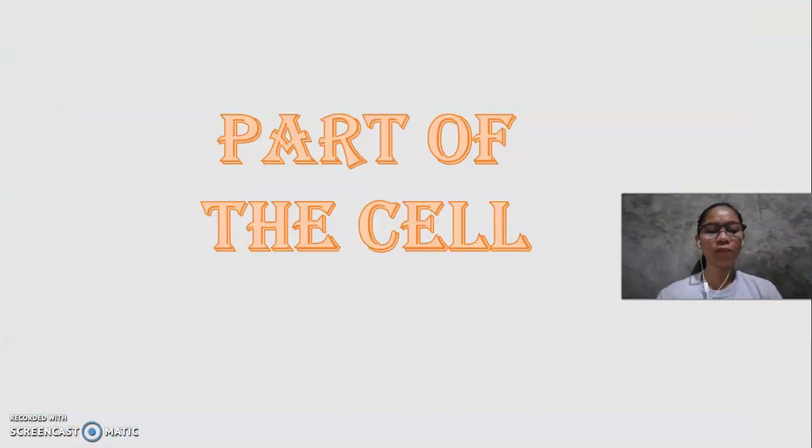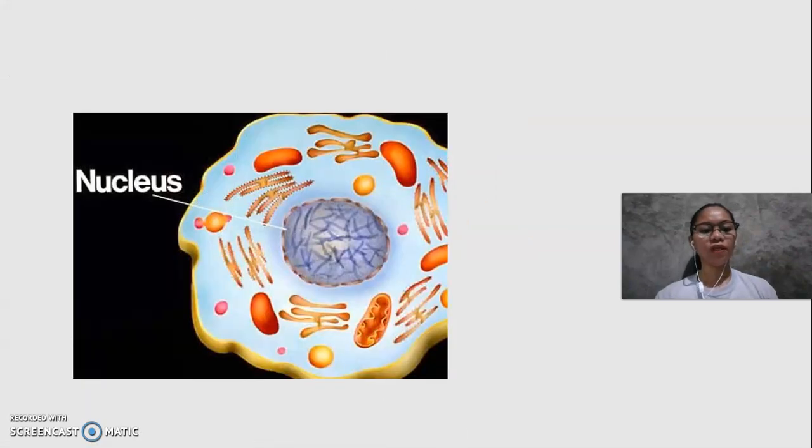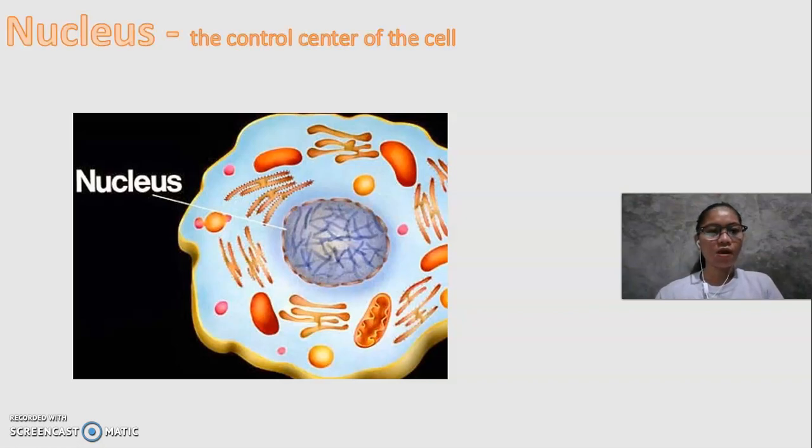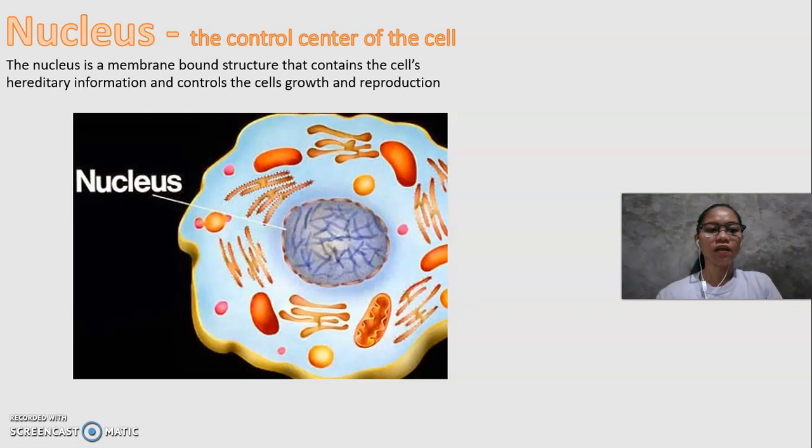Now let's start with the parts of the cell. Let's begin with the nucleus. The nucleus is the control center of the cell. The nucleus is a membrane-bound structure that contains the cell's hereditary information and controls the cell's growth and reproduction.